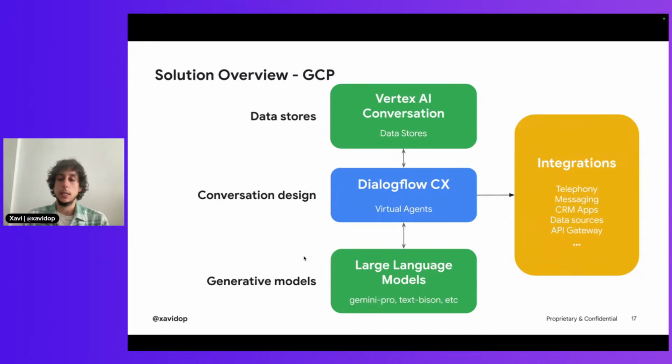Then you have the large language models under the hood that you can use from Dialogflow CX, in this case Gemini, Text Bison, Gemini Pro, and all your assistants or agents can be integrated to any channel, any application that you want. They have an API that you can use, like WhatsApp, Telegram, and all that stuff.